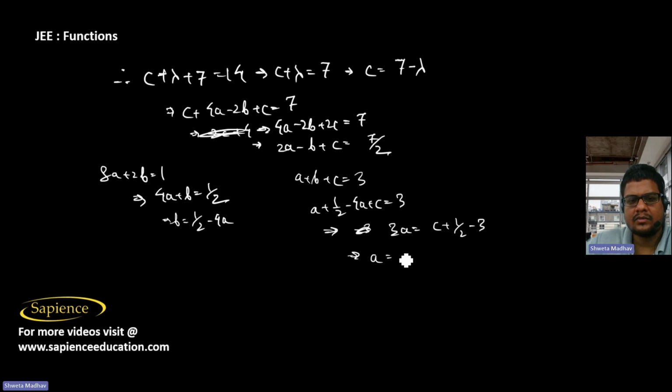So a is equal to c minus 5 by 2, divided by 3.